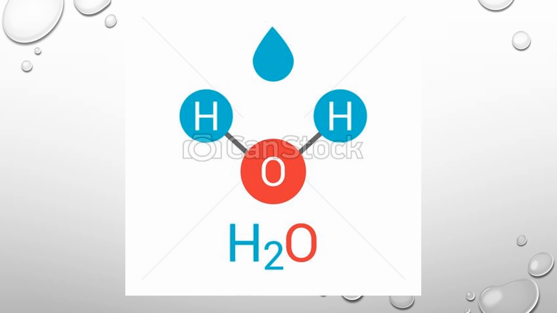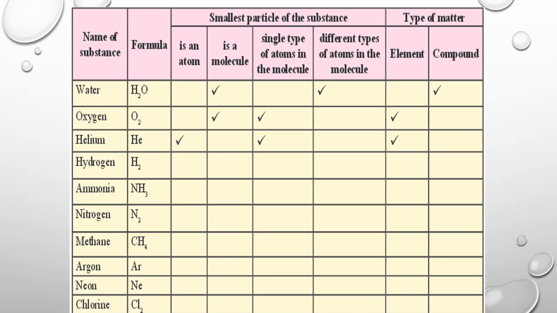Now let us go back to the table. We are first discussing water. When you solve the third and fourth columns, I want to understand whether it is an atom or a molecule.